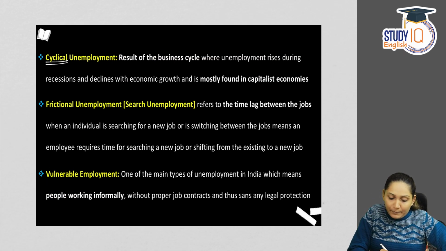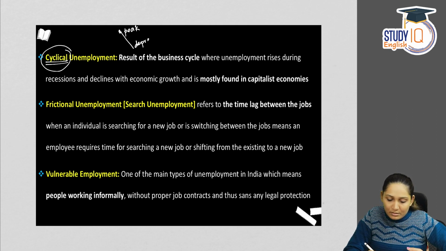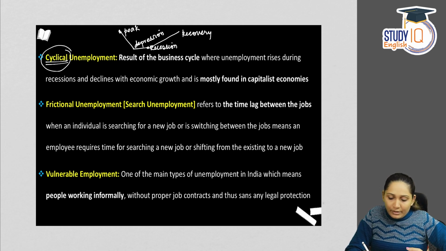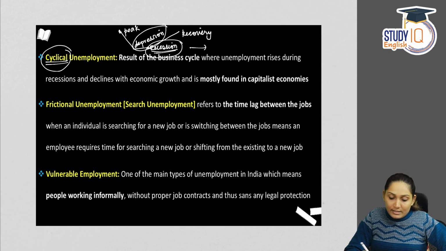Next is cyclical unemployment. Cyclical unemployment happens due to business cycles. We know that in a business there are different cycles. There would be peak season, then there would be depression, then there can be recession, and after recession there can be the phase of recovery. During depression and recession, the production or the output generation in businesses are low, and this can result into increase in the rates of unemployment.